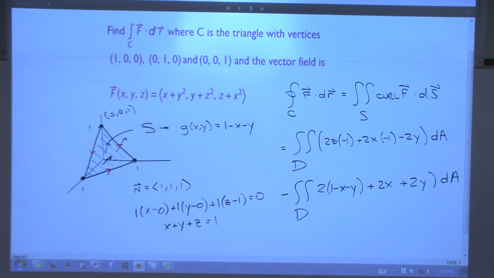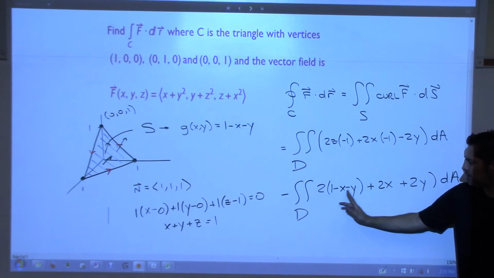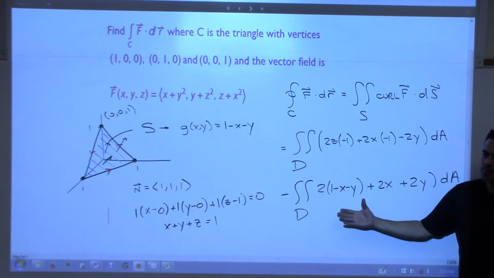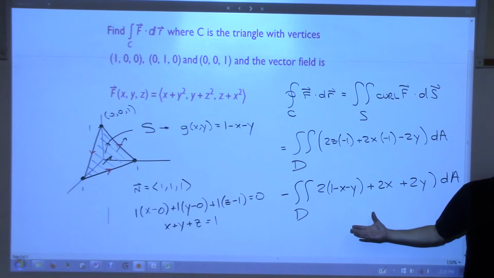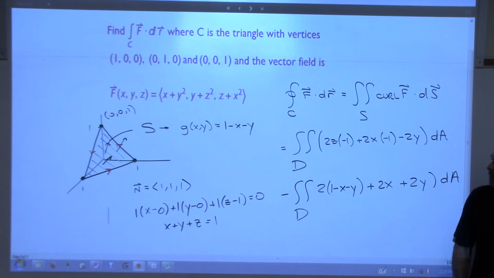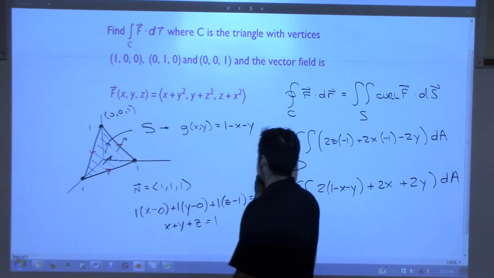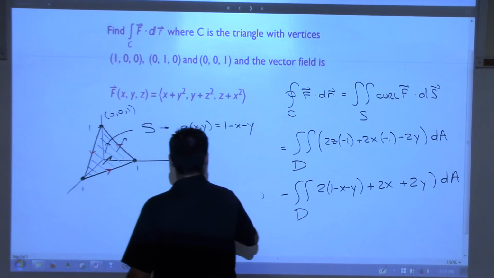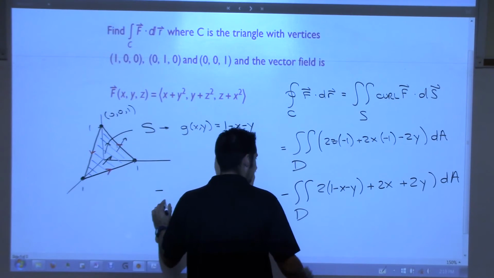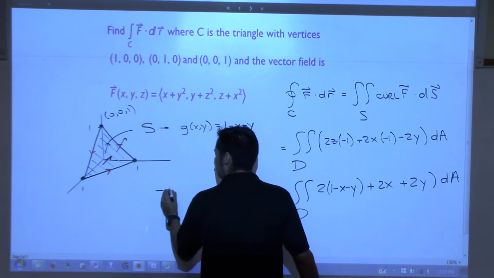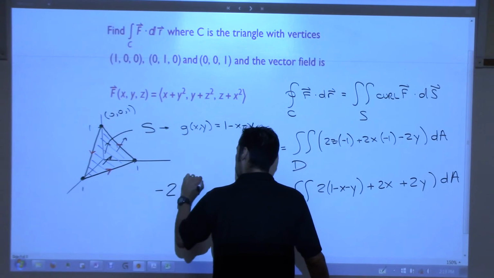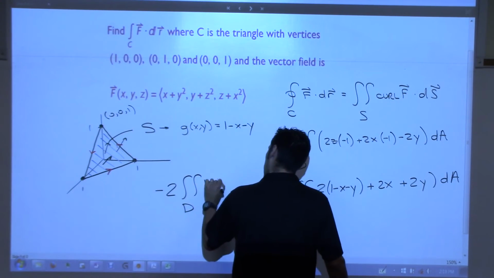The 2x is going to give us a negative 2x that cancels, and a negative 2y which is going to cancel, and all you're going to be left with in here is a 2. So here's where we are now. We have negative, and how about the 2 that's in there? Can I pull that out? Negative 2 double integral over D of 1 dA.